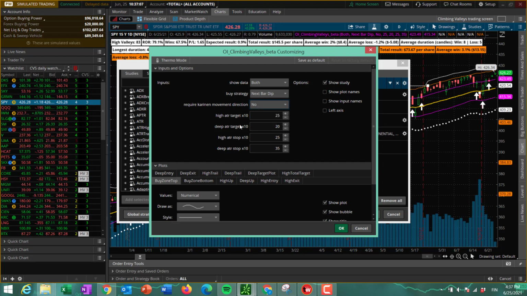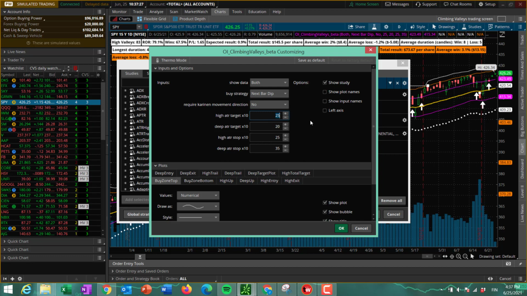Then the targets, like you see, sorry again, are taken from the average true range. And this is me being a bad programmer. I could not figure out how to write 2.5 and make it work. Therefore, I mark 2.5 by writing 25.